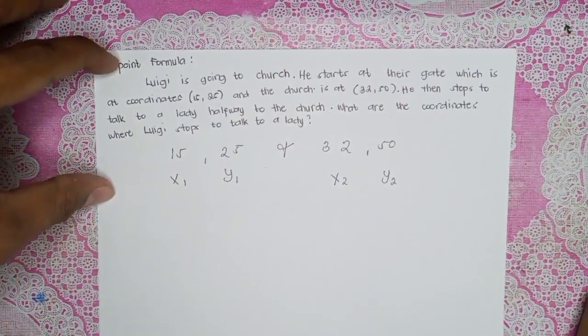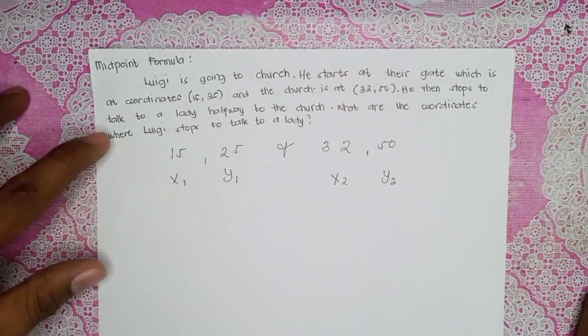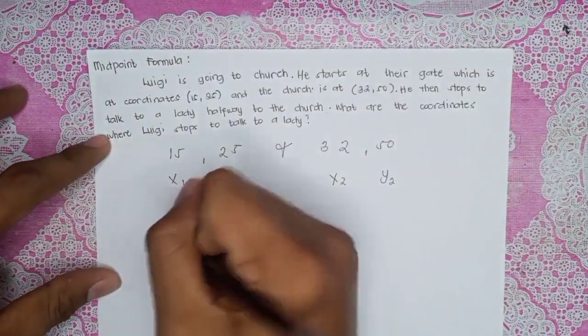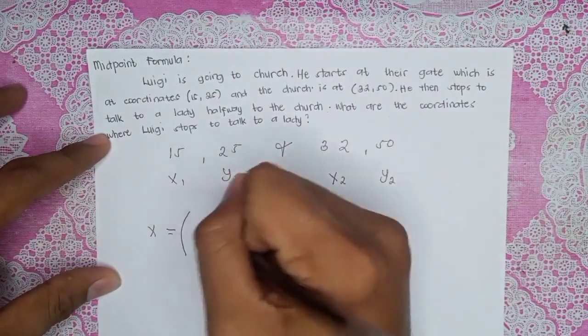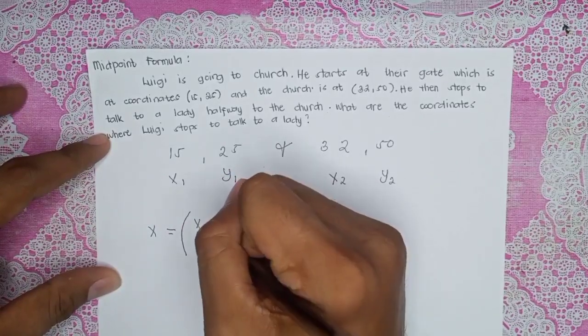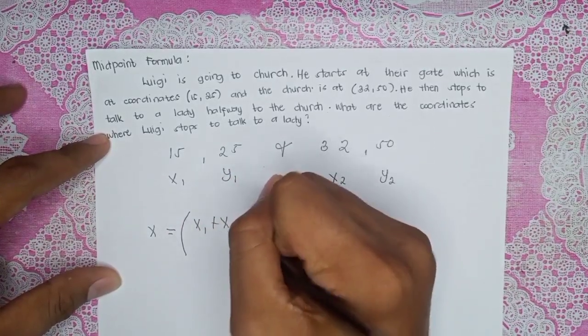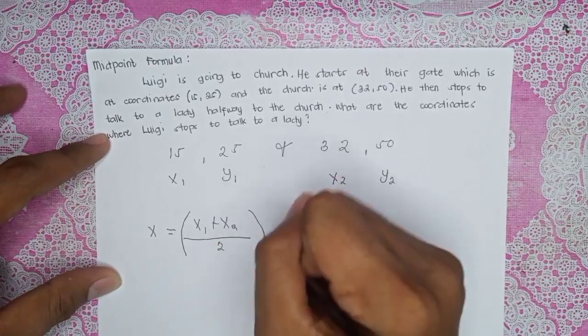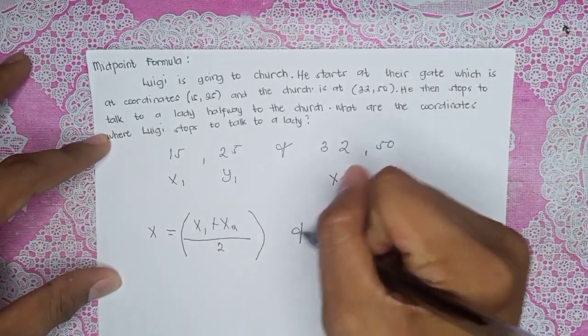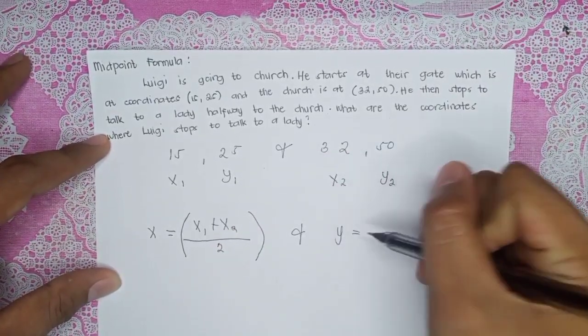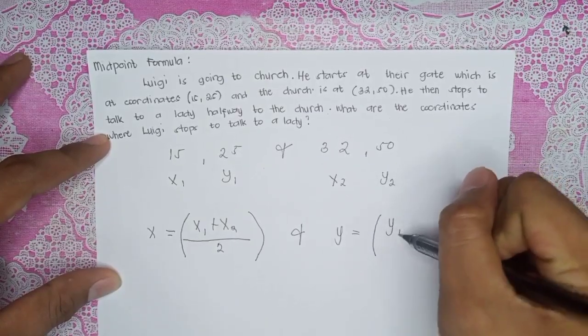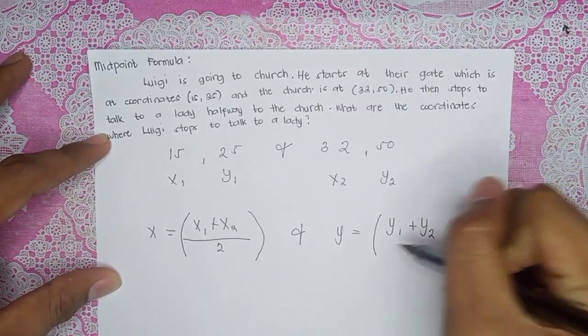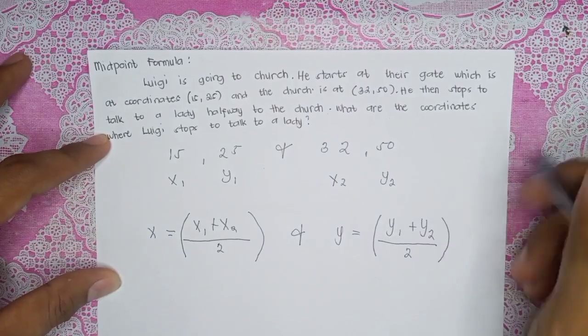To come up with the answer, we will use x equals x1 plus x2 over 2, and y equals y1 plus y2 over 2.